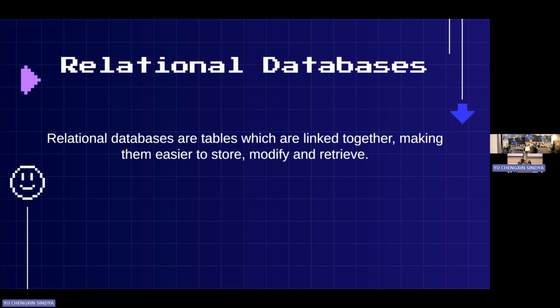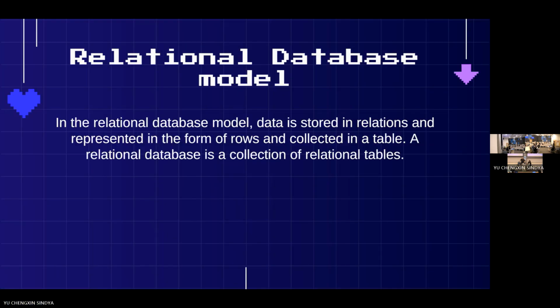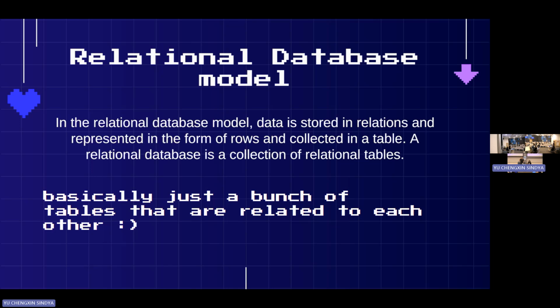I think you might infer why. But in a relational database model, you typically have data stored as relations and represented in the form of rows and columns, collected in a table. So a relational database is essentially just a collection of these tables. You might have different tables for each of the attributes that you're going to look at.